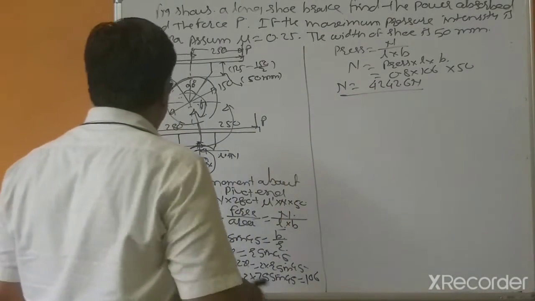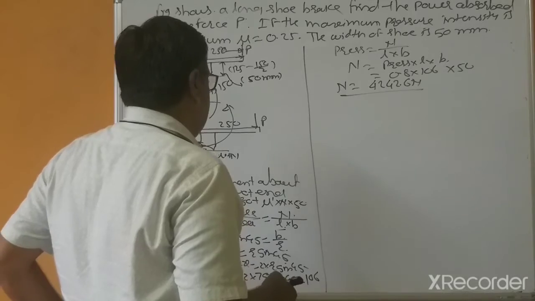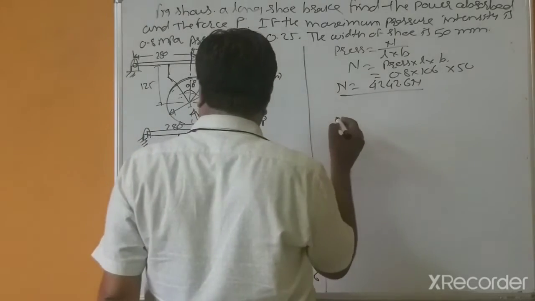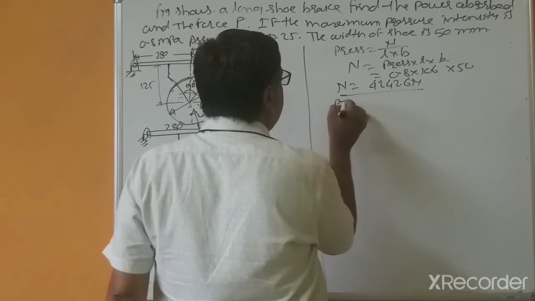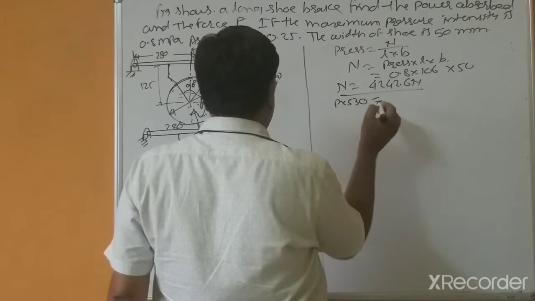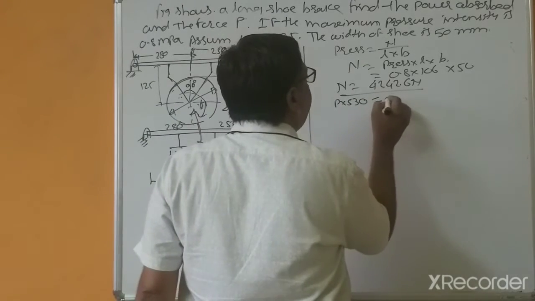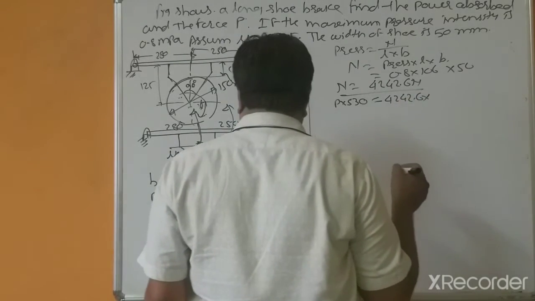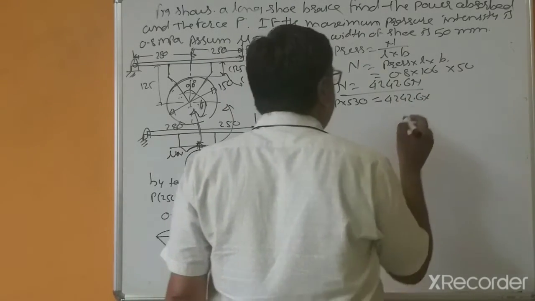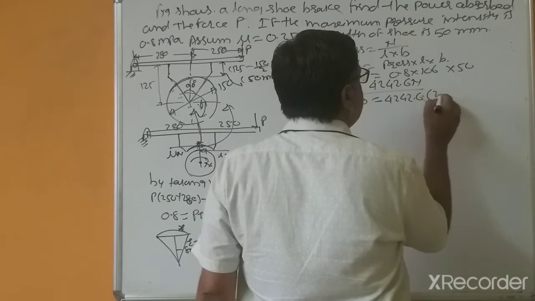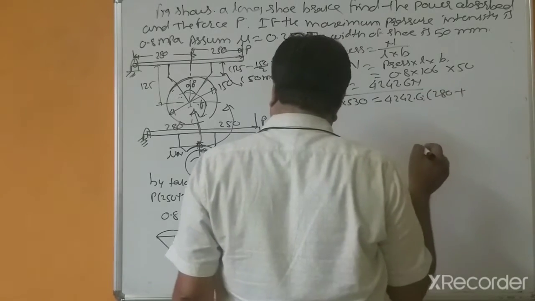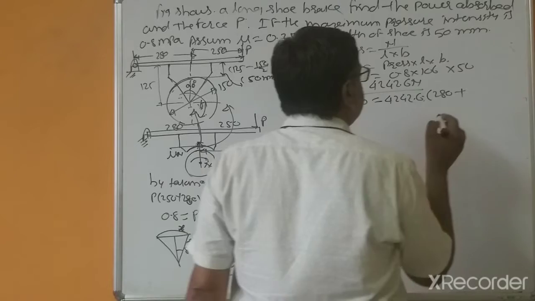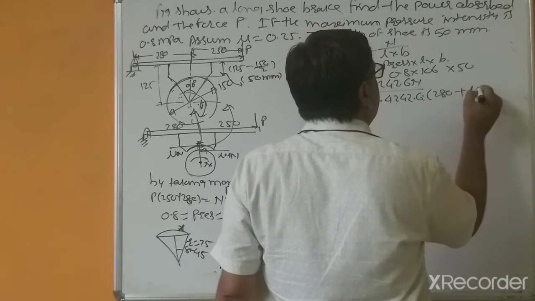Now this P into 530 equals N into 42.6 in bracket. This is 280 plus, okay.